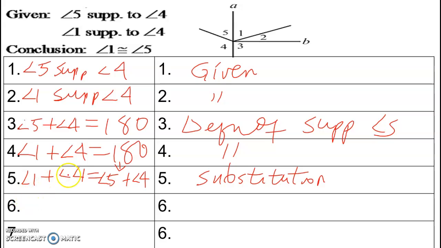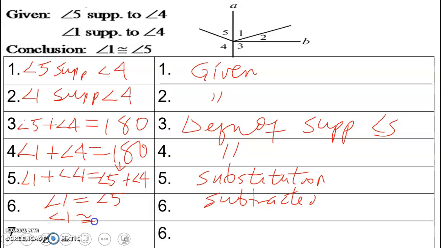And if we notice we have angle 4 on both sides of the equation, we can subtract it. If we subtract, then angle 1 will equal angle 5 by subtraction. And now we can say that angle 1 is congruent to angle 5, by the definition of congruent. If two angles are equal, they are congruent.